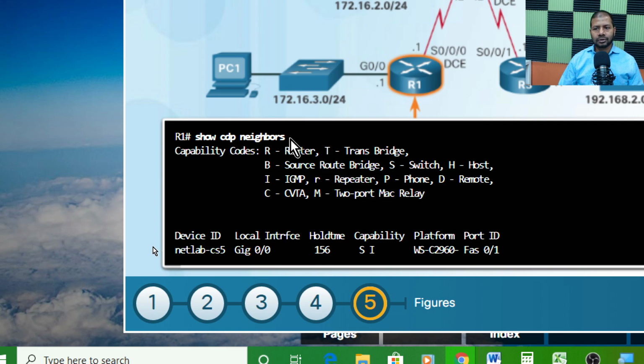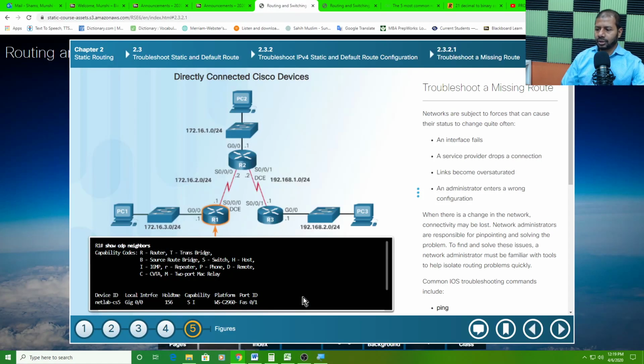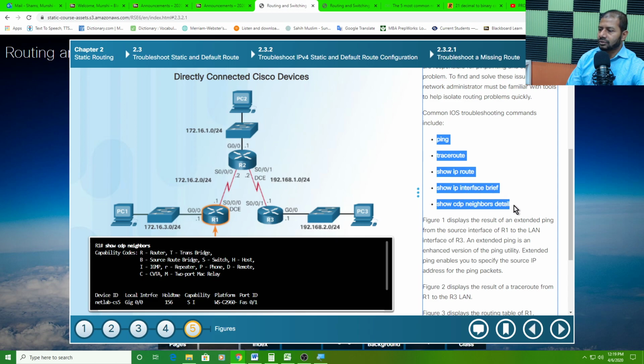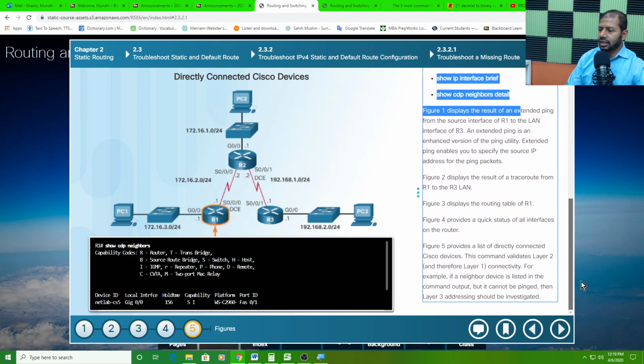Show cdp neighbor shows all the neighboring Cisco devices. CDP is Cisco Discovery Protocol. So they're just teaching you some show commands for troubleshooting purposes. We will do all of those when we are doing labs, so we'll be practicing these commands. No worries, those labs will come in time.